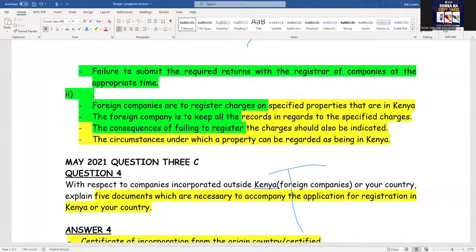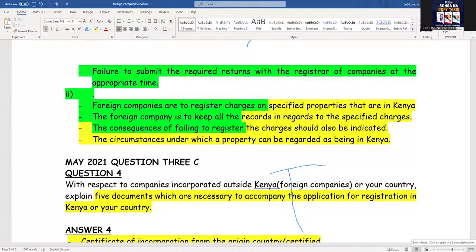If the property is situated in Kenya, then the documents pertaining to registration of the charges should indicate that this particular property is located in Kenya.